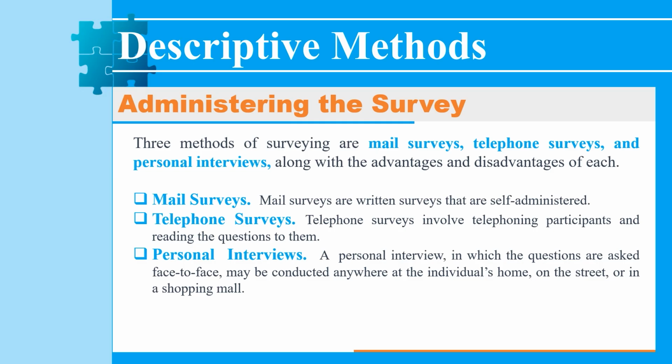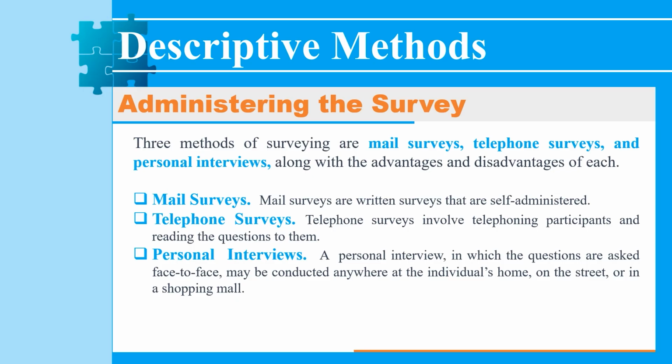At this point, I'm going to talk about administering the survey. In my reading of the chapter, I found that there are 3 methods of surveying, including mail surveys, telephone surveys, and personal interviews, along with the advantages and disadvantages of each.